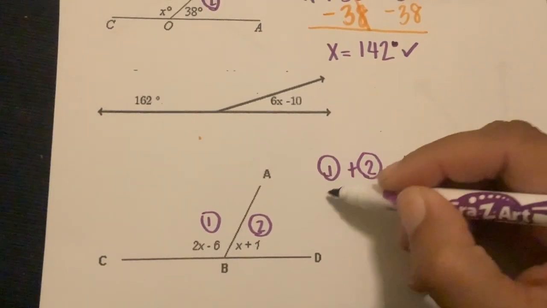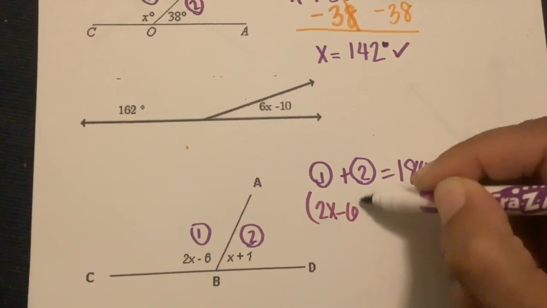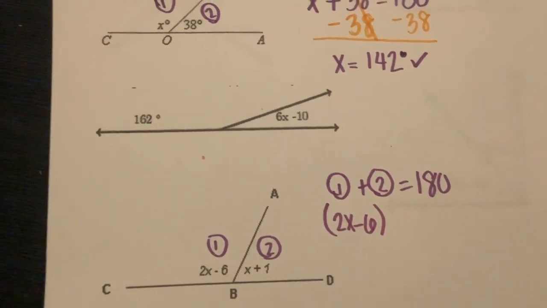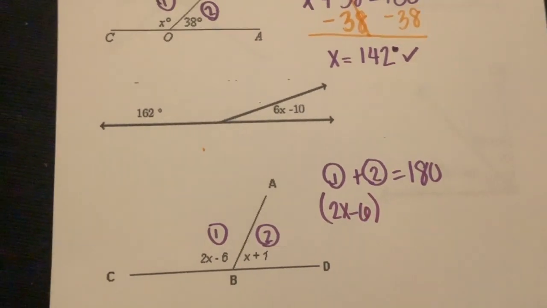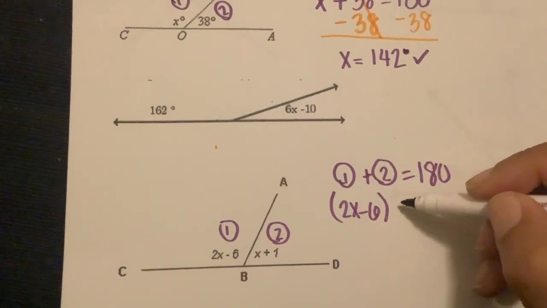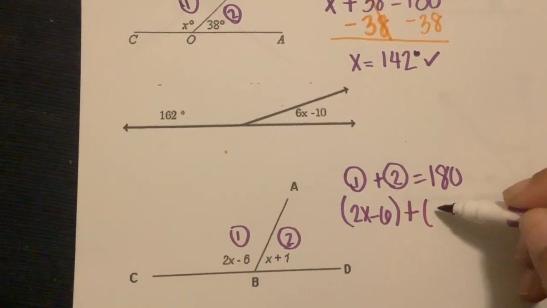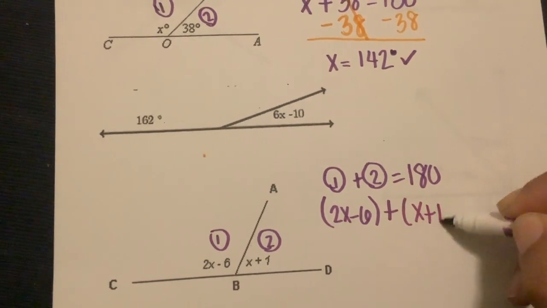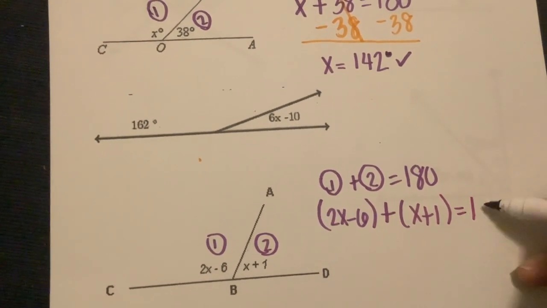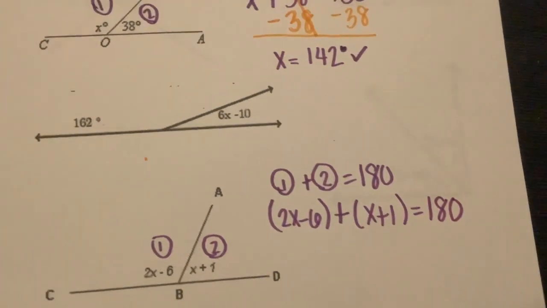So you have, and I'm going to use parentheses so you know that each piece goes with its own part, angle 1 is (2x minus 6). This plus sign needs to still come down. And then I'm going to write out the other one: (x plus 1). And again, still equal to 180.